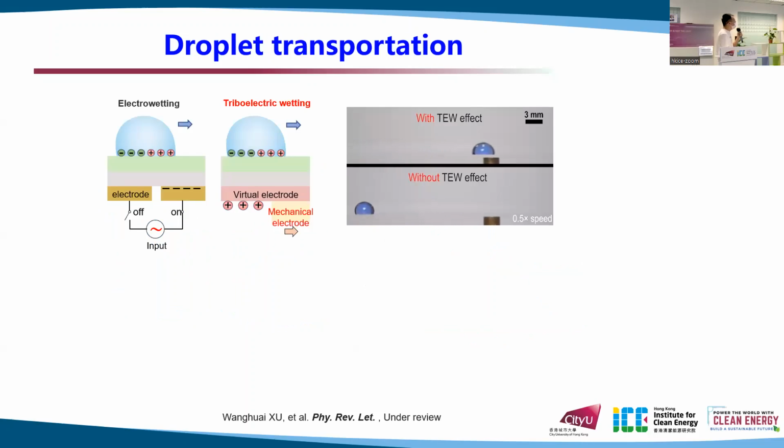Different from using an electric input to control the droplet motion, we use a special mechanical electrode to control the droplet motion. When there is relative motion between the virtual electrode and the mechanical electrode, electrostatic charge is generated on the virtual electrode, and a potential difference is generated between the virtual electrode and the mechanical electrode, producing a driving force acting on the droplet.